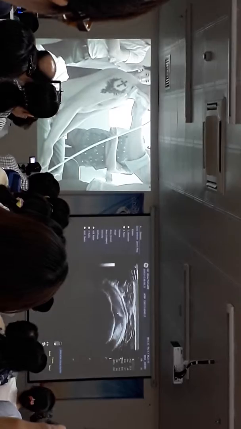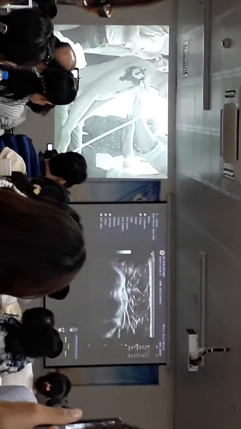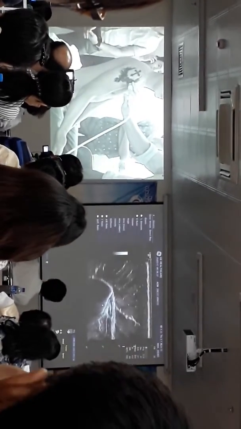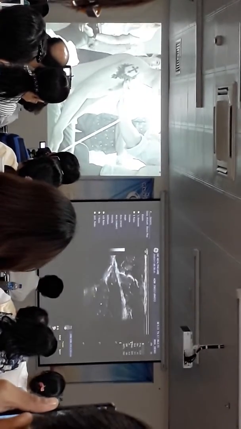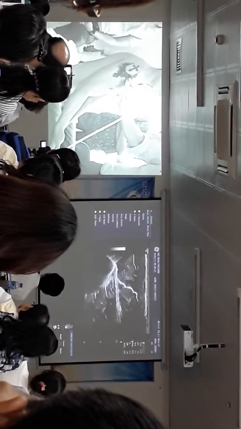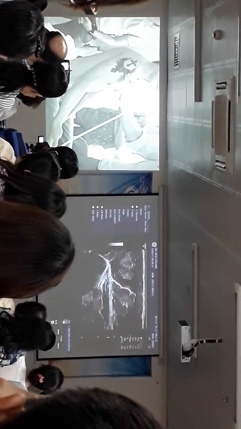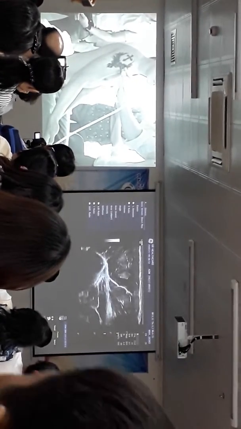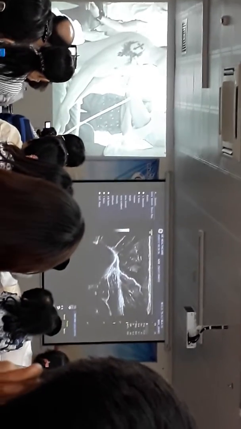So for the scan plan, I just use transverse and come down, and then I follow that tendon all the way down, as it comes into the musculo-tendinous junction of long head of biceps. This structure here is actually the pectoralis tendon coming across, and it goes over the top of the long head of biceps.